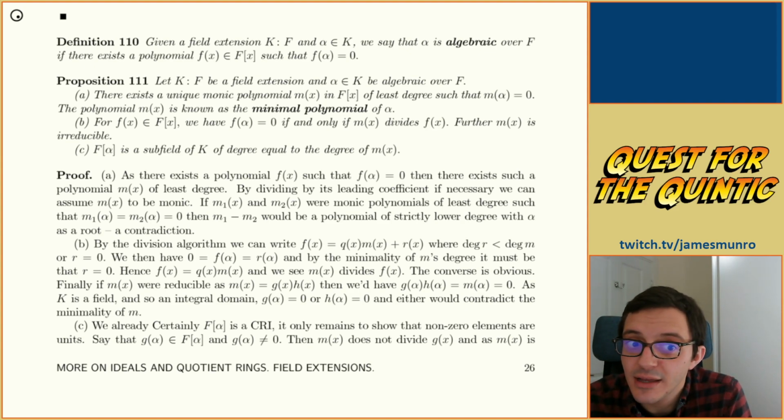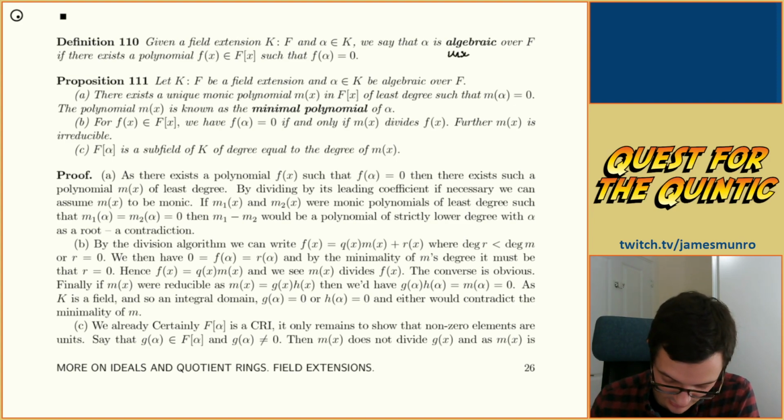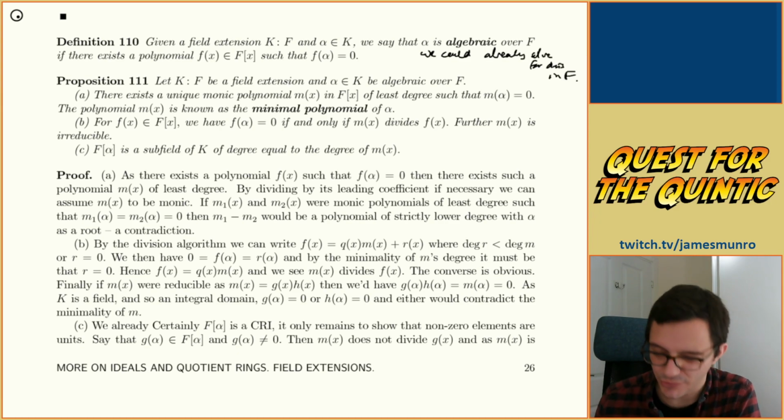We say that alpha is algebraic over F if there's a polynomial in F. Oh, like a boring old number. We could already solve for this. Sort of.